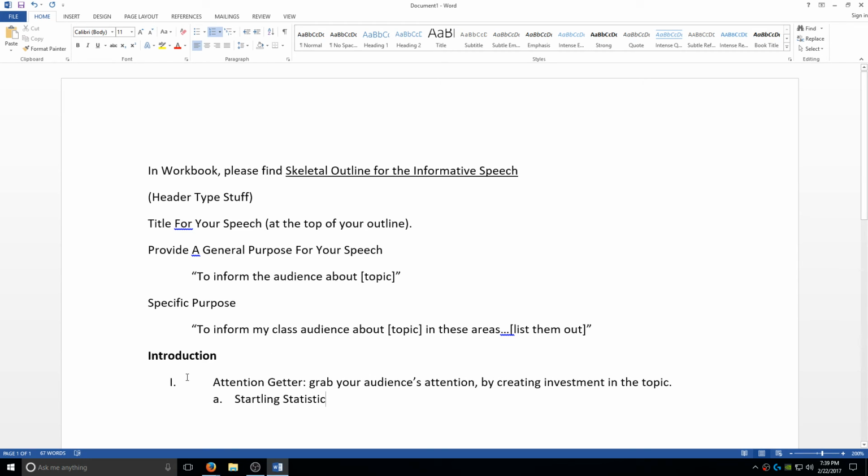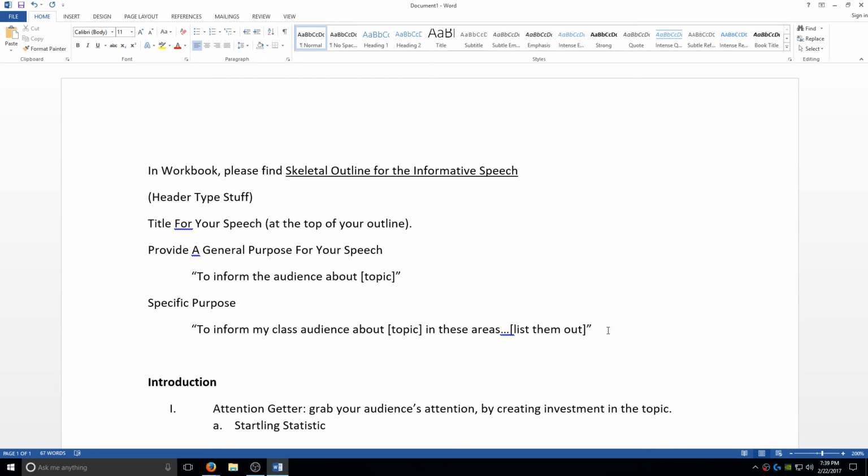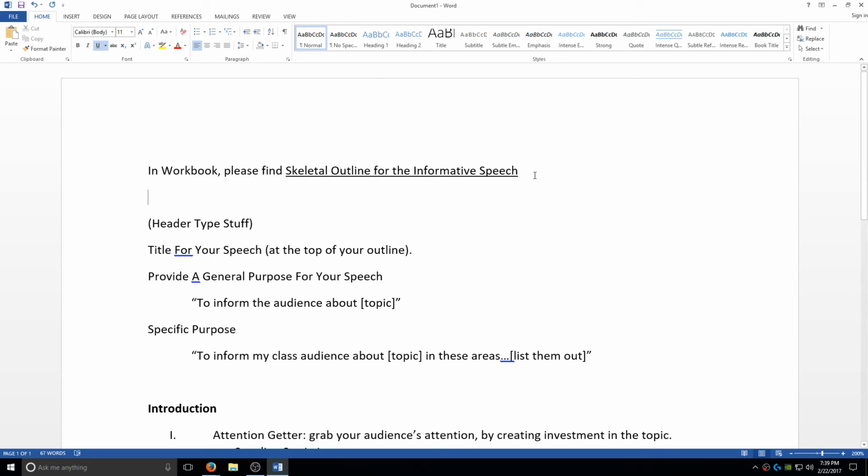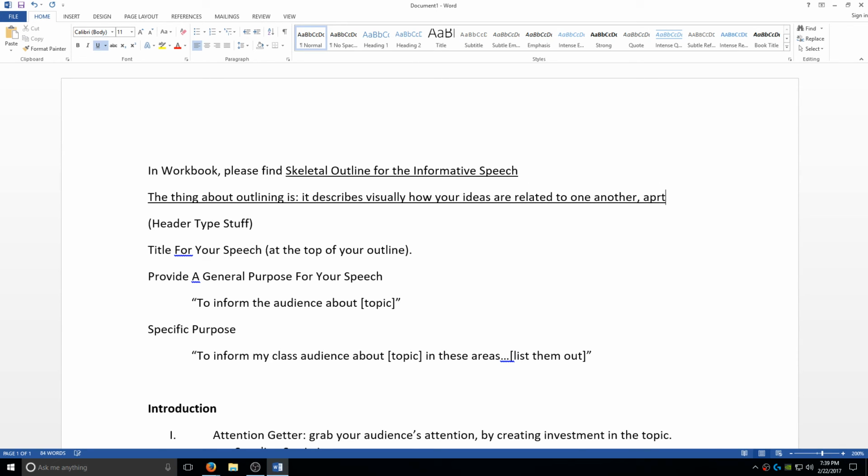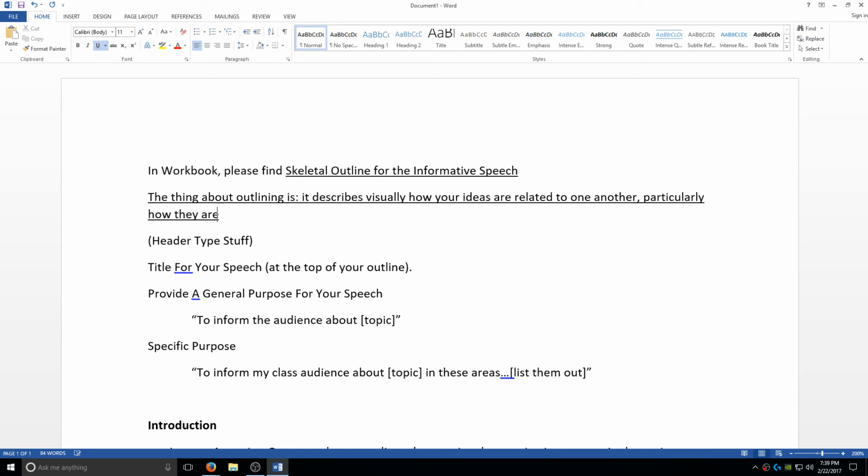Because remember, the thing about outlining is that it describes visually how your ideas are related to one another, particularly how they are subordinated.